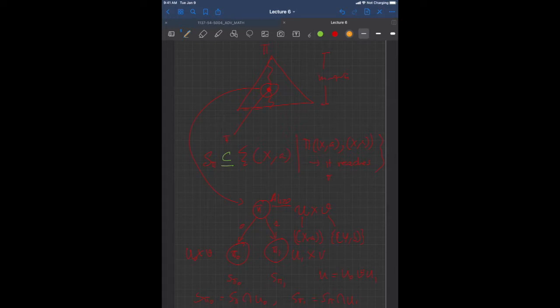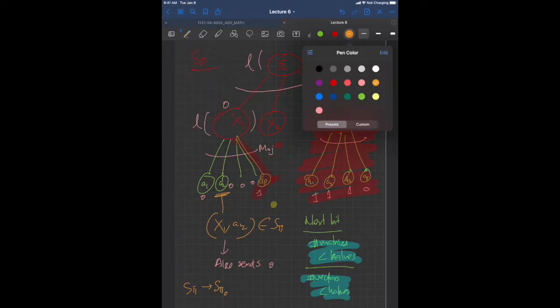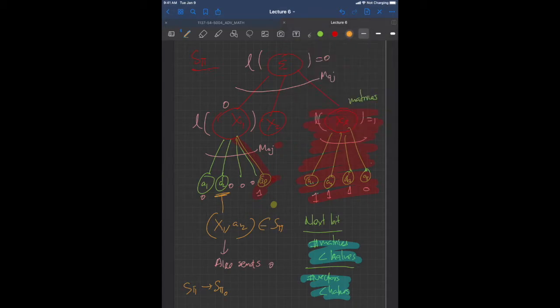We are only choosing a subset of them. For example, if you look at this input pair, on this input Alice says 0, so it is in pi 0, but it could have been given to s pi 0, but we are not going to choose it. So we are only choosing a subset of inputs that can be given to both the players.